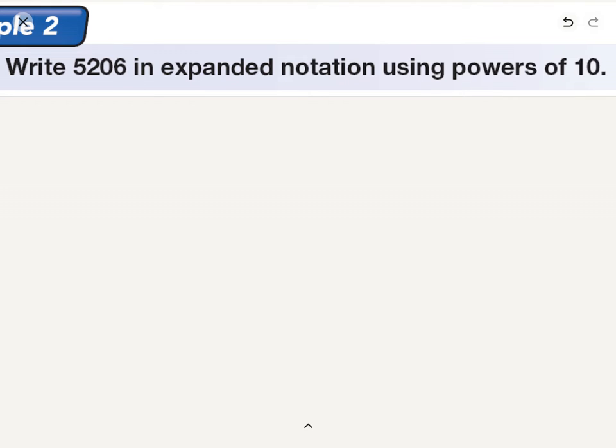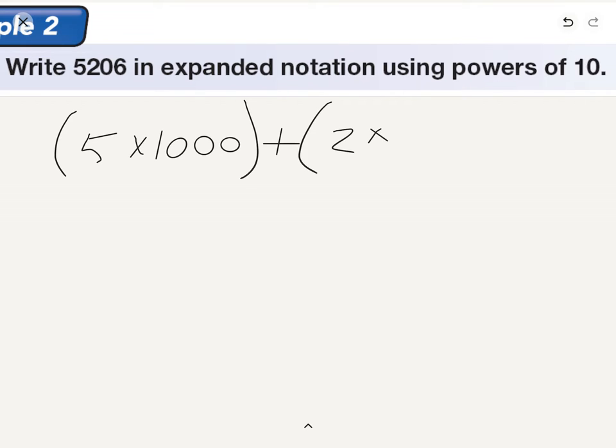So if we're thinking of standard Saxon expanded notation, we would write this out as 5 times 1,000, plus 2 times 100, plus, well, just 6. So that's just expanded notation, right?